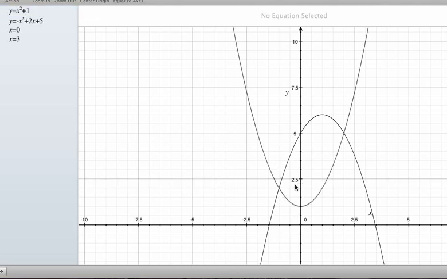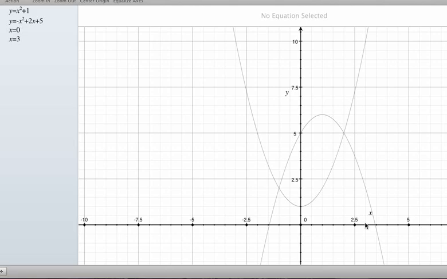Anyway, it's within this area right here is my solid. And we're bounded at 0 and at 3. Okay, so now we've got some idea of what we're dealing with here.